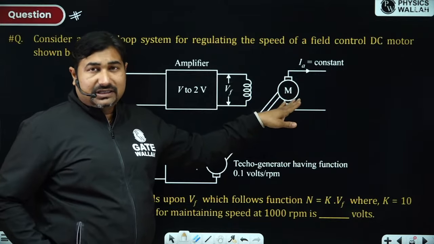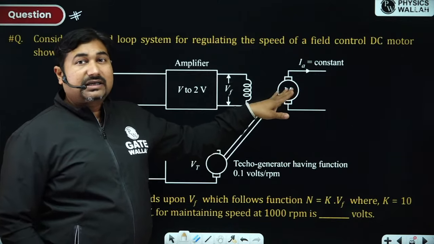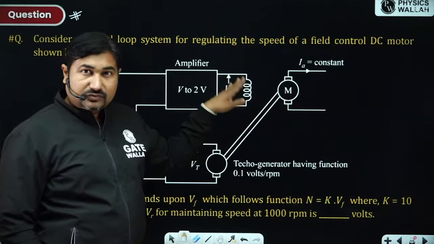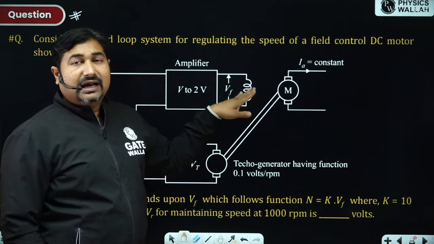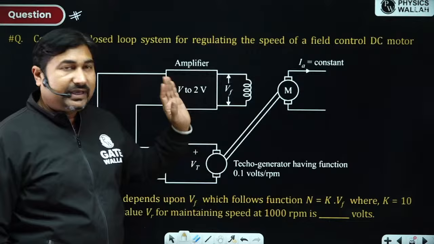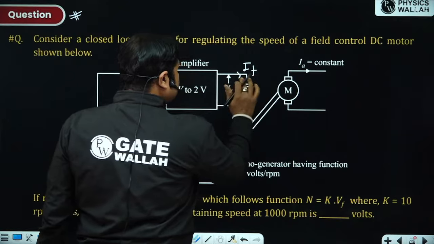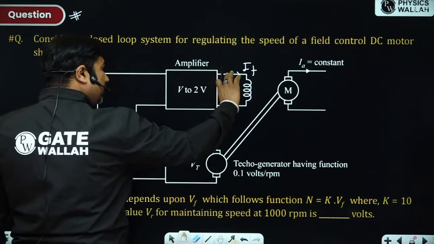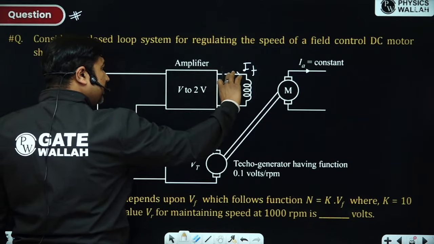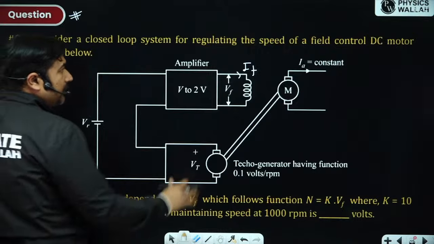Under that condition, since torque is K phi IA, torque can be controlled by phi and ultimately speed can be controlled by phi. Phi can be controlled by controlling IF, which is controlled by having different voltage appear onto the field winding. Now please observe the arrangement.